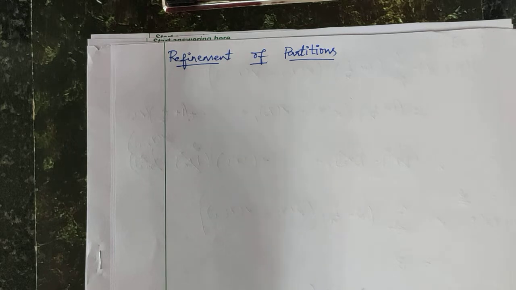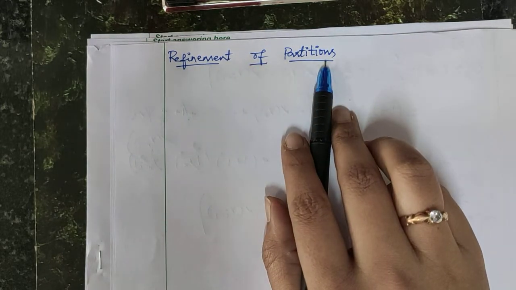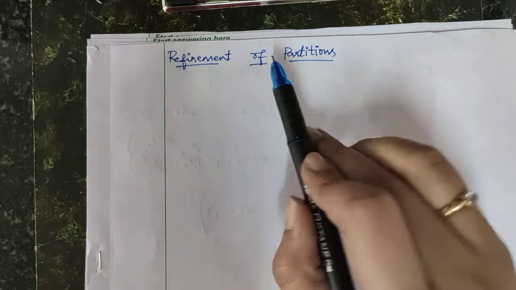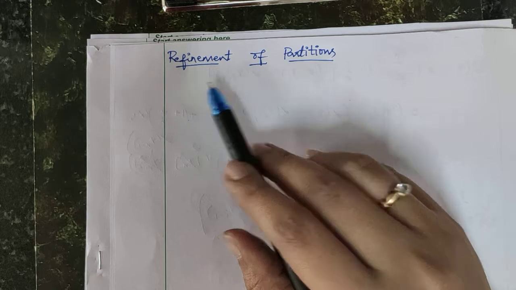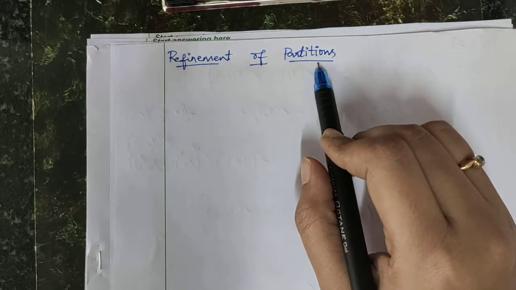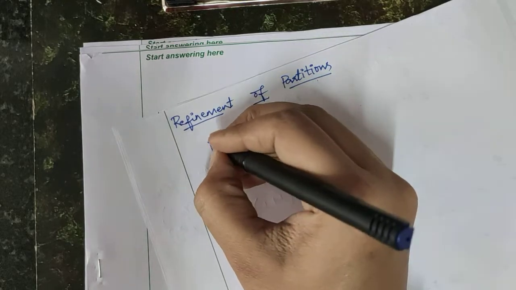Now let's move to the next topic, that is refinement of partitions. As the name suggests, we are doing some modifications with respect to the partition. Now I will define a new partition, say P star.